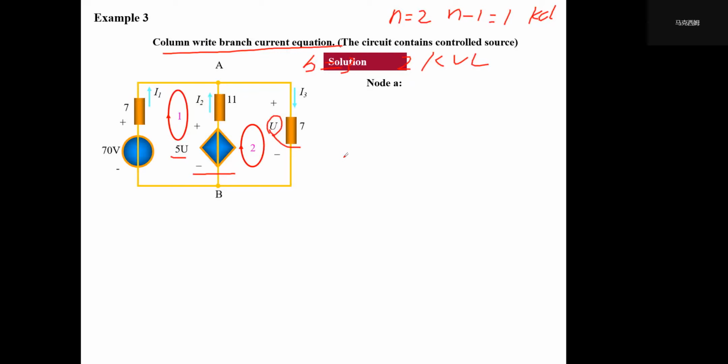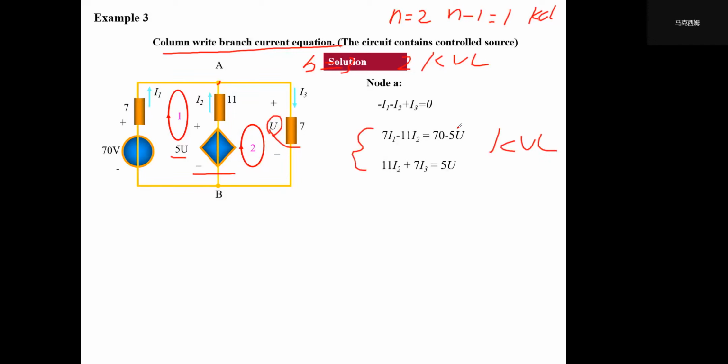For the node A, all 3 currents add up together to 0. So the KCL equation is done. And we can list KVL equations in loop 1 and loop 2. Those 2 are KVL equations.